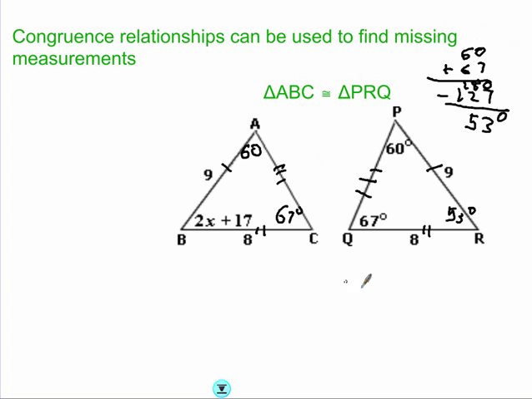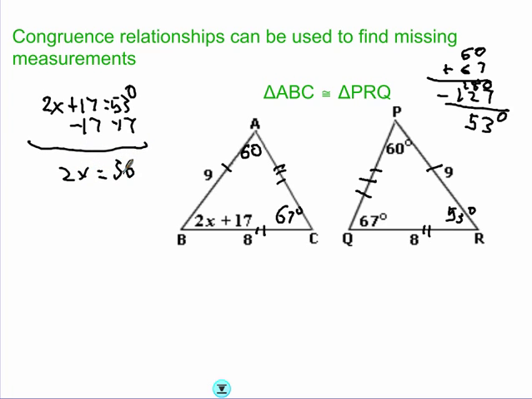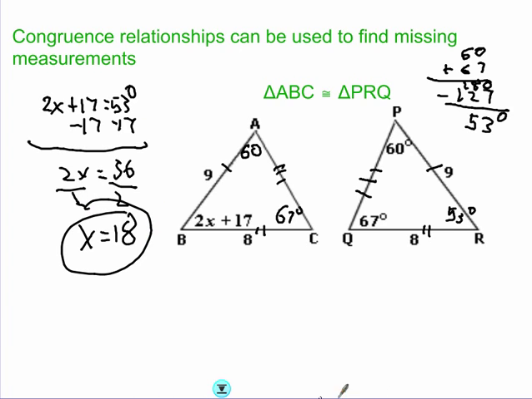If that's 53 degrees, and I know this is 2x plus 17, to find x I can just say 2x plus 17 equals 53, minus 17 on both sides. I end up with 2x equals 36, divided by 2, x equals 18. And there we go. So you can see how we can use these congruent relationships to find missing measurements.